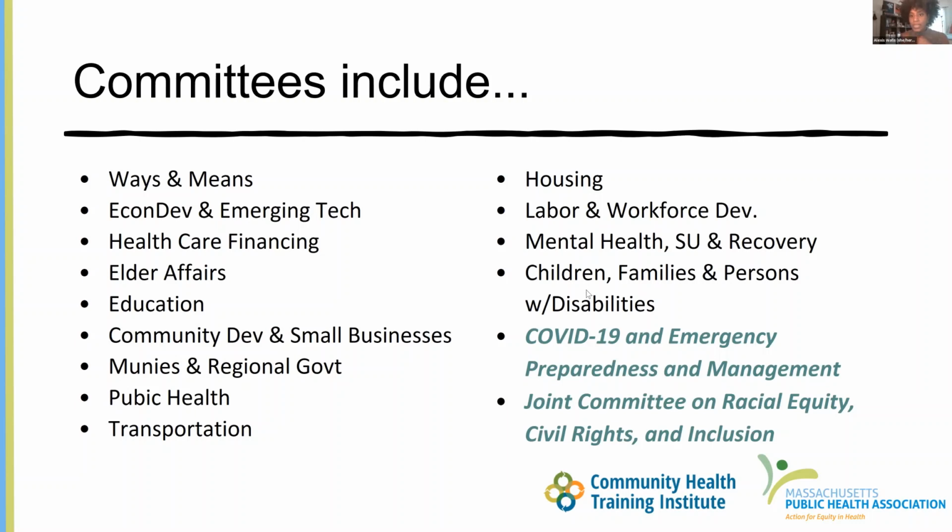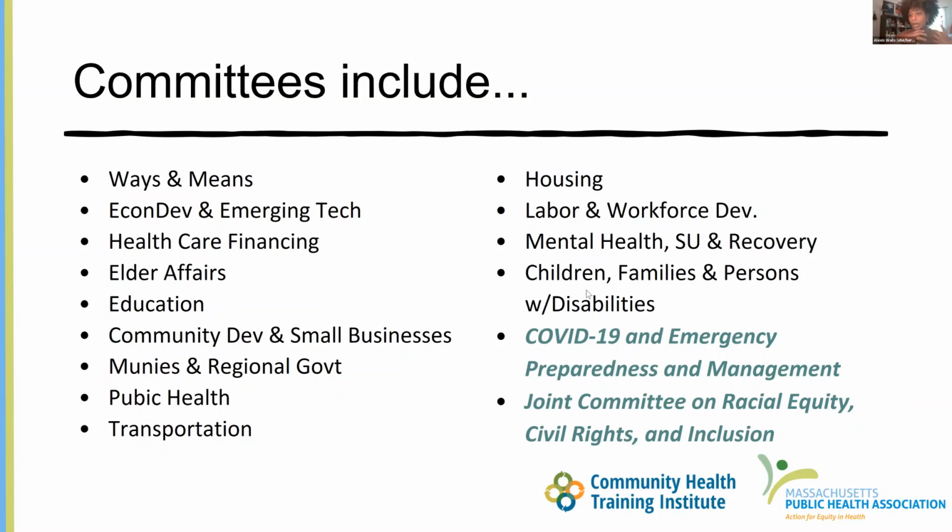And I will also say that when it comes to certain decisions, so actually I'll provide an example when thinking about the Senate budget process. We are currently in the conference committee process, which we'll talk about a little bit later, and that's where the House and Senate resolve their differences.